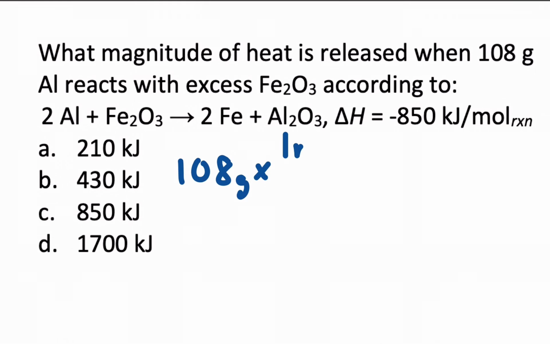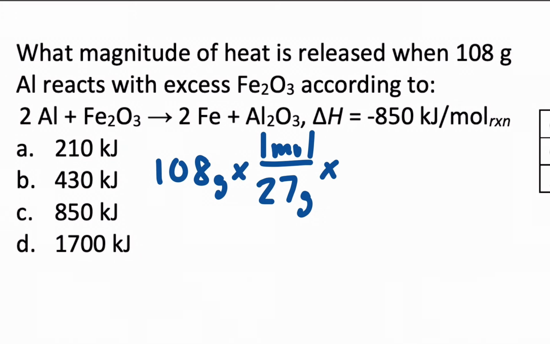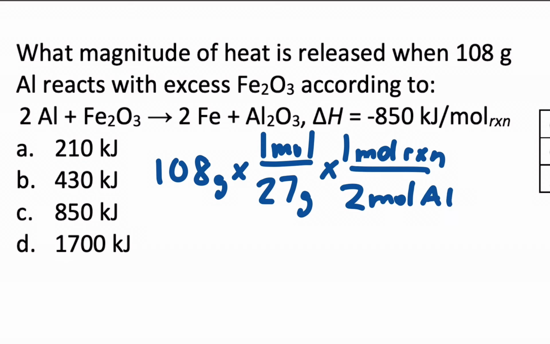There's 1 mole of aluminum for every 27 grams, roughly, if you look it up in a periodic table. Looking at the reaction, there's 1 mole of reaction for every 2 moles of aluminum. I've got to be careful because that coefficient of 2 goes with this value, so I need that when I'm converting my units. And then there's 850 kilojoules released.